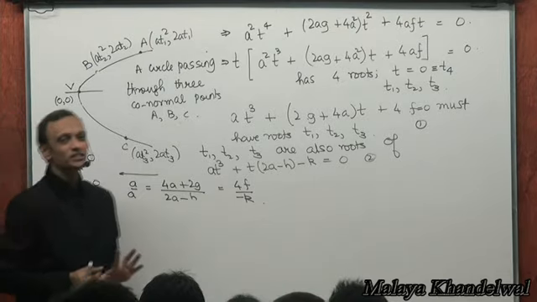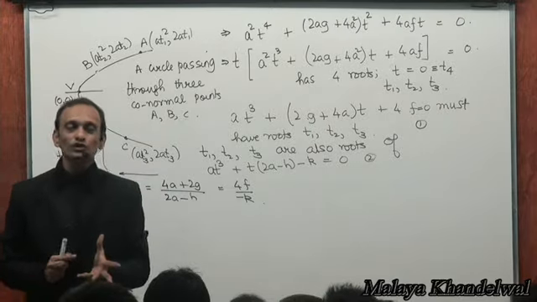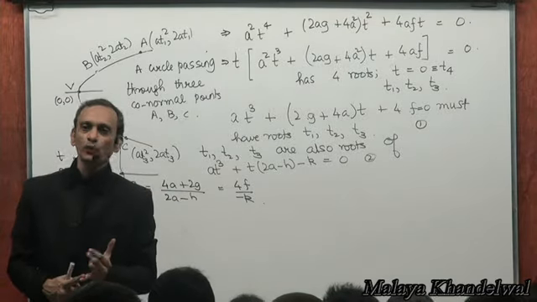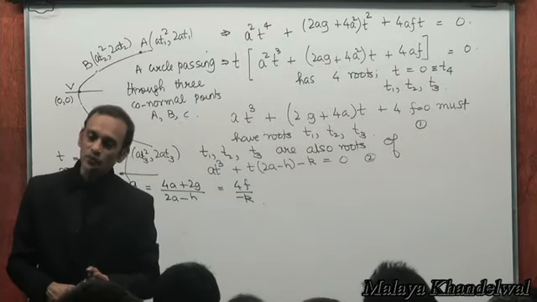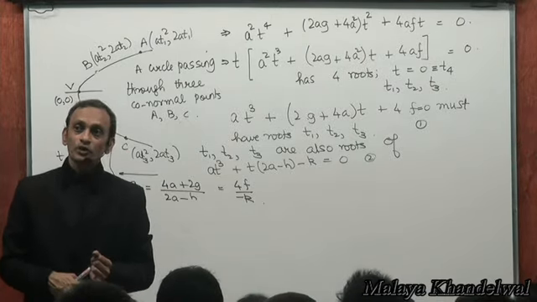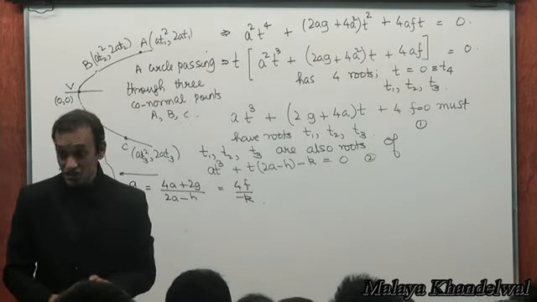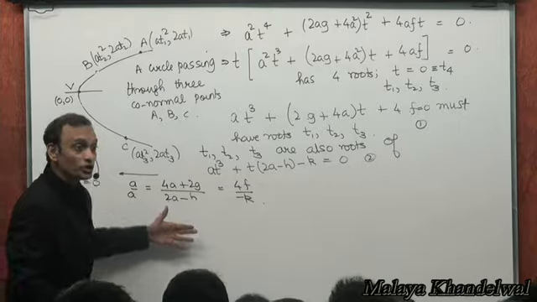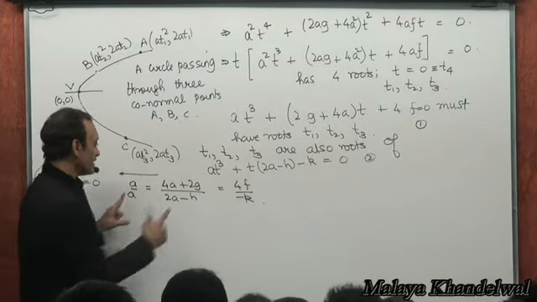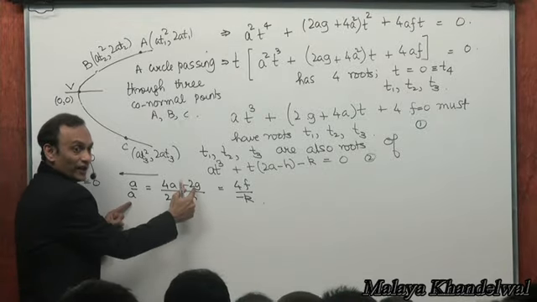Now, what was my intention? I was seeking a circle passing through T1, T2, T3. So for that circle, I pretended the equation of the circle to be x squared plus y squared plus 2gx plus 2fy plus c equal to 0. And trivially, we obtained c equal to 0, but g and f were still pending. Now here's our opportunity to obtain g and f of the circle, right? If I solve these two equations, this equation, then I get the value of g.